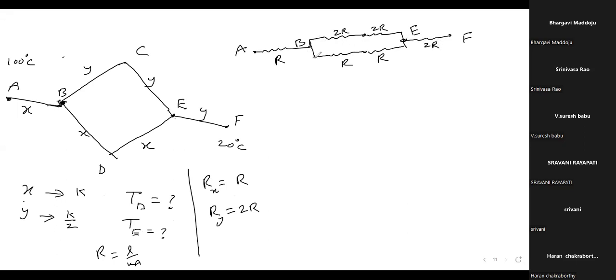Now, my interest is finding the temperature of B and A. That's why I'll replace this whole part between B and A as a single resistance. These two are in series, these are in series. But again the combination is parallel. This is 4R. This is 2R.